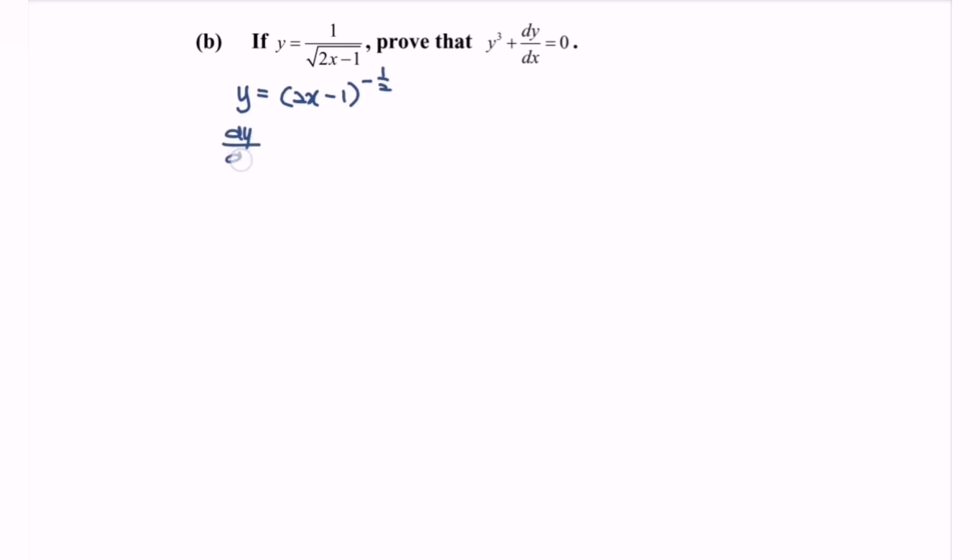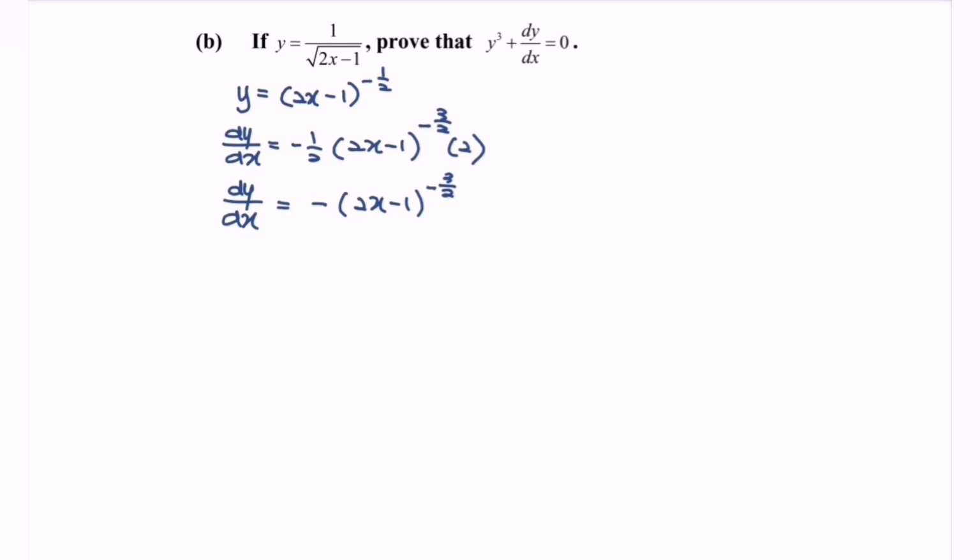So dy/dx is equal to negative 1 over 2 multiplied with 2x minus 1 to the power of negative 3 over 2. Do remember to differentiate the internal function and we will have 2. Rewrite the equation. So dy/dx is equal to negative multiply with 2x minus 1 to the power of negative 3 over 2.